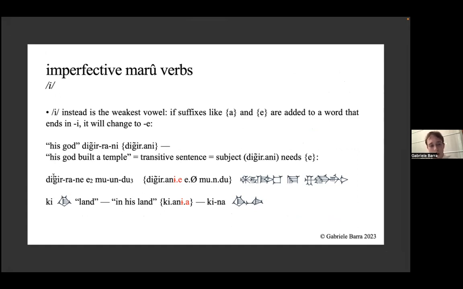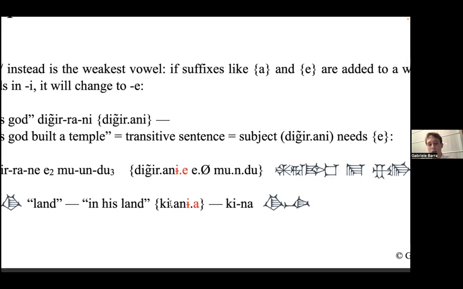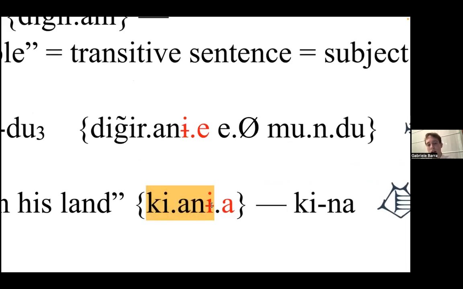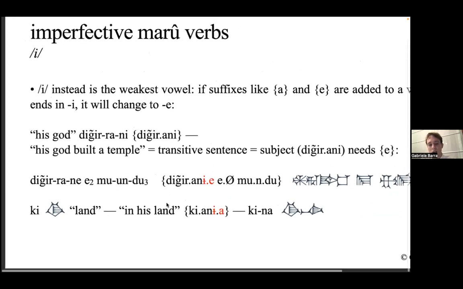Since E is again the weakest vowel, any other vowel wins against it, so to say. So ki means land, and in his land would be ki, ani, his land, and then the a of the locative, which becomes ki na.